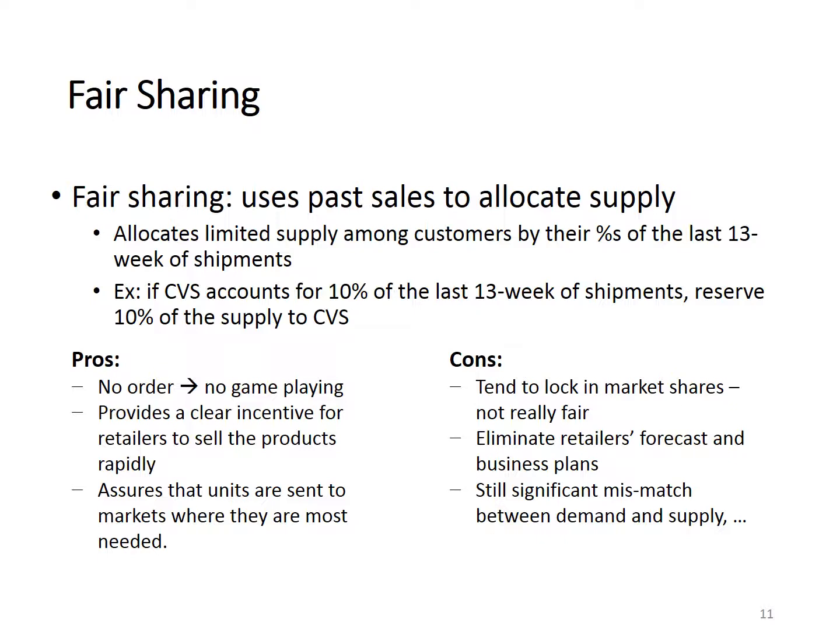The disadvantage is that the rule is not fair, because bigger retailers will get more supplies, and they are likely to stay bigger and more competitive than the smaller ones. In addition, the rule completely eliminates the retailer's forecast of future events, and so may still result in big mismatches between demand and supply.